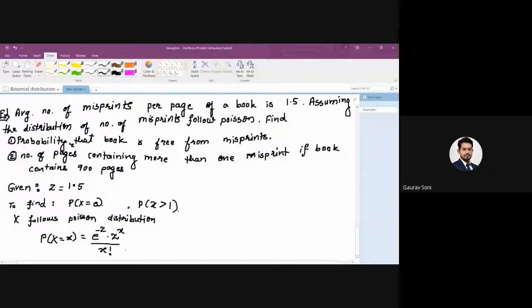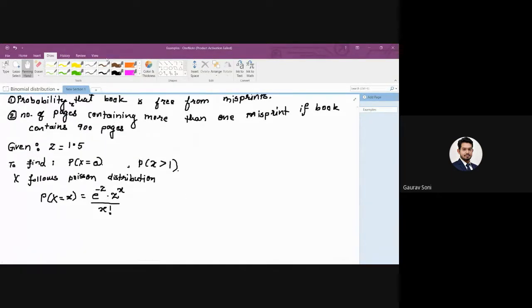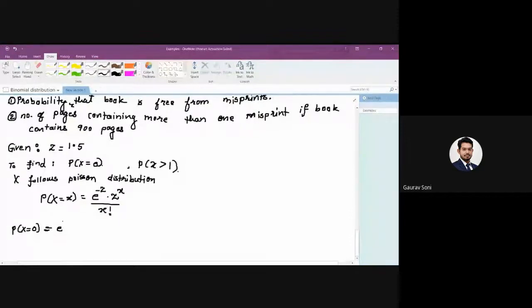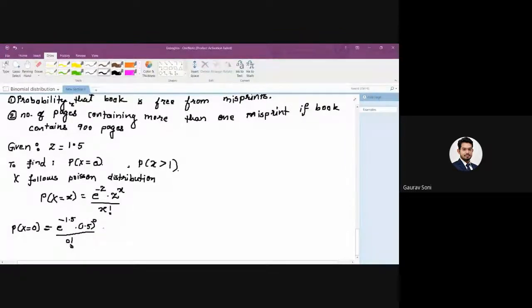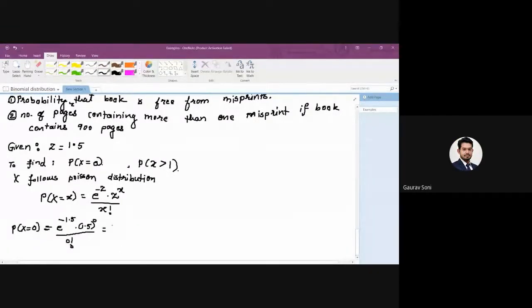This is the formula that we have. So probability of x equal to 0 is e to the power minus 1.5 into 1.5 raised to 0 divided by 0 factorial. What is the answer? 0.223.